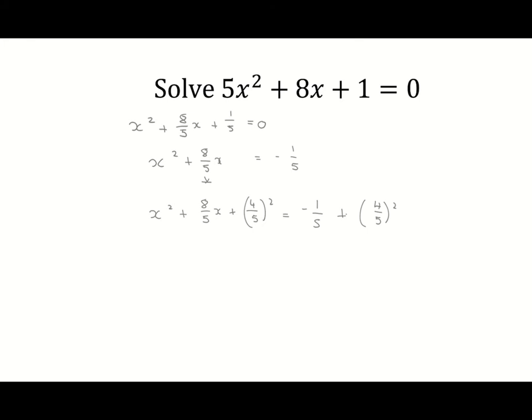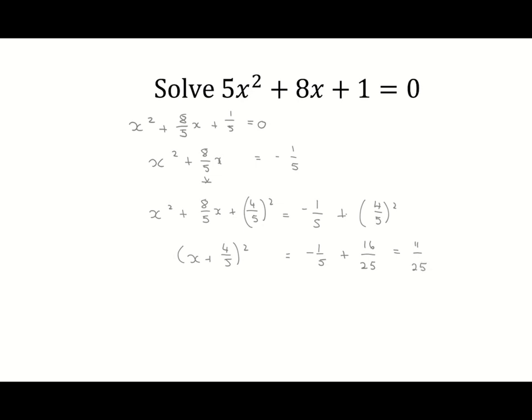Now I need to do the maths on the left hand side. Now I have x plus 4/5 squared, and 4 over 5 squared is 16 over 25, which gives me 11 over 25.